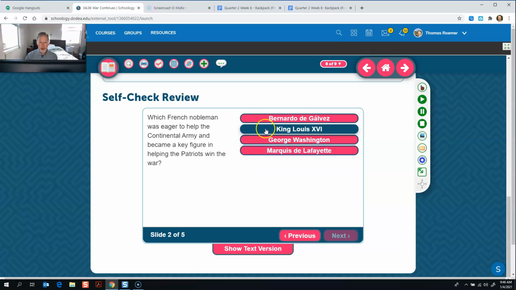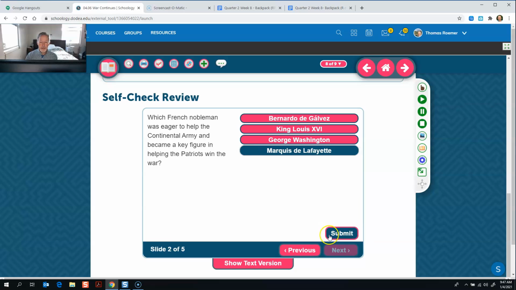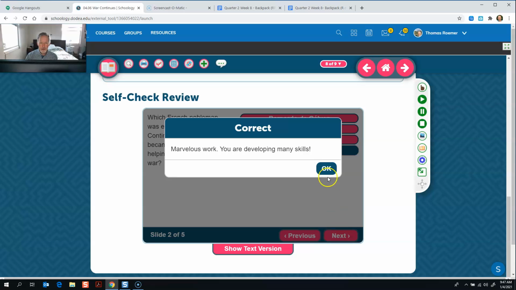We definitely know it was not King Louis. George Washington is not a French nobleman. So it's Bernardo de Galvez? That sounds Spanish to me. Or Marquis de Lafayette. I believe it's him. So I narrowed it down to two, and I took the French name. Hey, it worked.